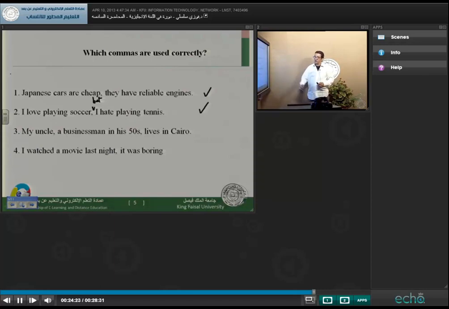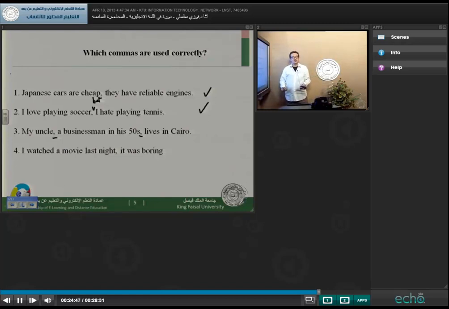The third sentence: my uncle, comma, a businessman in his 50s, comma, lives in Cairo. Is this a comma splice? No, it's not. This is a correct use of the comma. It is organizing the sense in one sentence. My uncle lives in Cairo.